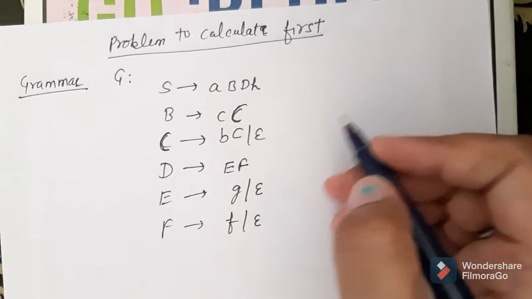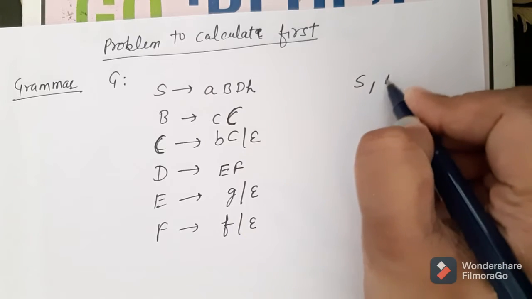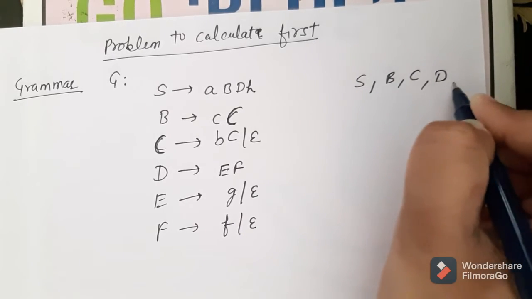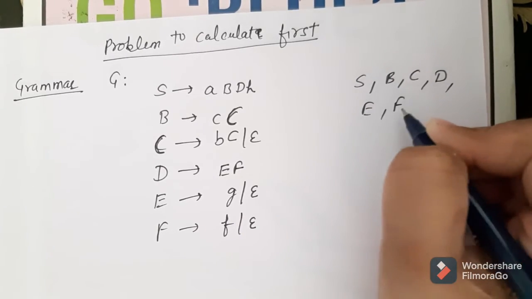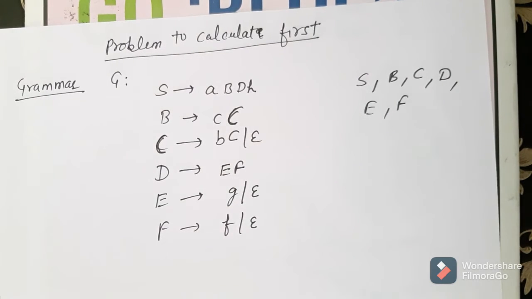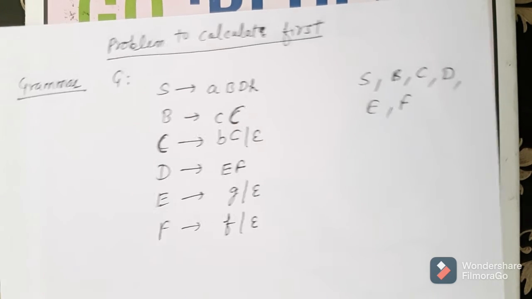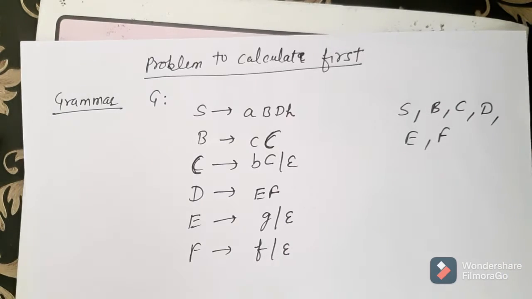Here the non-terminals are S, B, C, D, E, F. All these are the non-terminals, 1 2 3 4 5 6. So I have to calculate the first for all these 6.